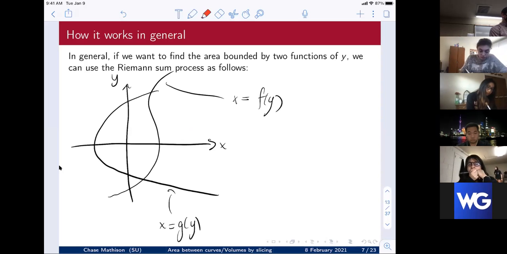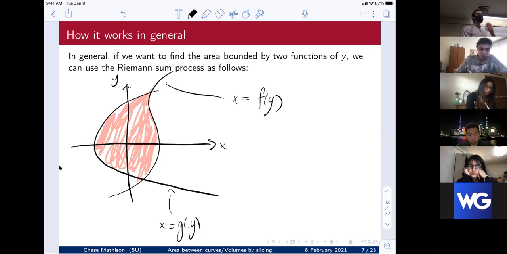Okay, so if we want to find the area between these two curves, sort of that little teardrop shape, well, we do the exact same thing we did for functions of x.